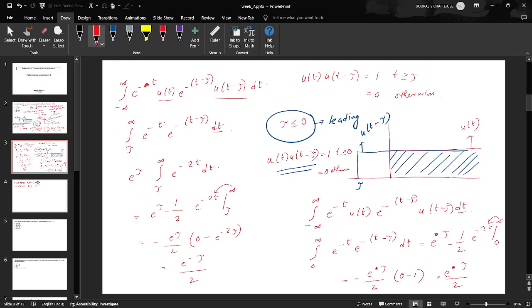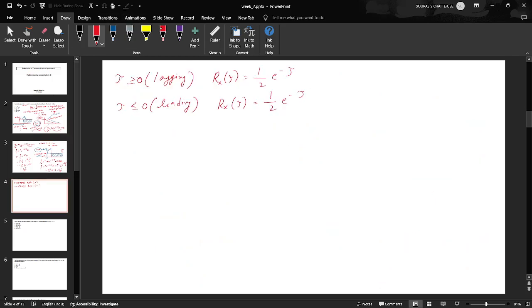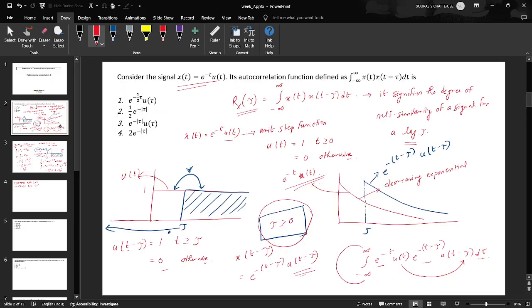Yes, now it's fine. So we'll end up having e to the power tau here.